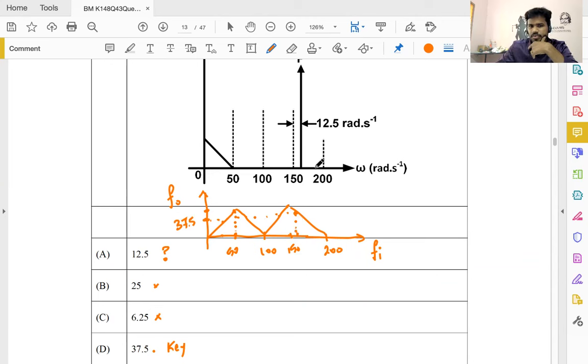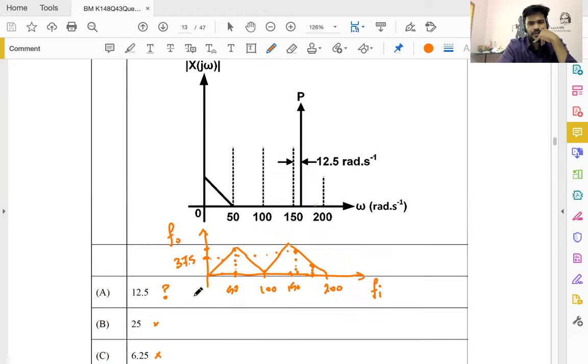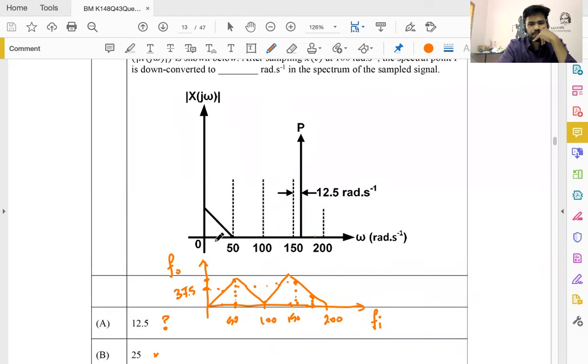See, on the other hand, a point here, 150 plus something like plus 37.5, that point will be here. That will get mapped to, interestingly, this value, which is 12.5. So in this case, the key is correct. And you're looking at the magnitude spectrum.